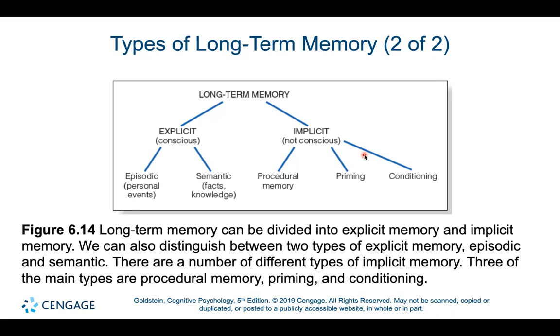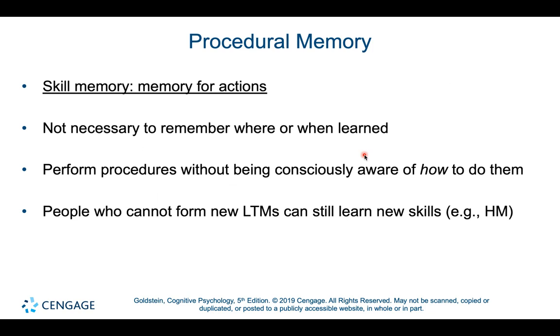So HM, let's continue maybe with the analogy. Let's say that you were hired to teach HM how to play the piano, and you come 3 days a week. You come on Monday, you come on Wednesday, you come on Friday, and you sit with him for an hour and you teach him how to play the piano. You do this 3 days a week for 6 months. Every single time you came to teach him to play the piano, HM would have no recollection of who you are, or what you're doing there, or the fact that you've ever been there.